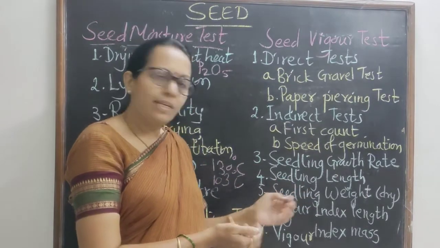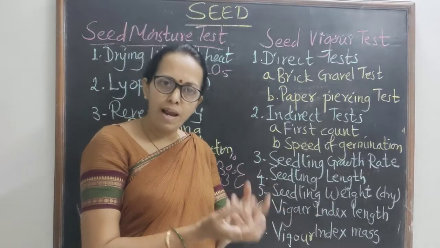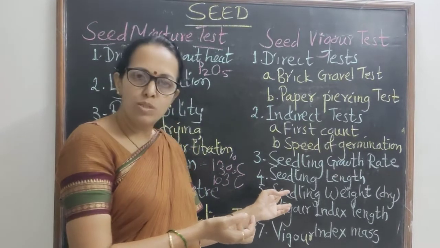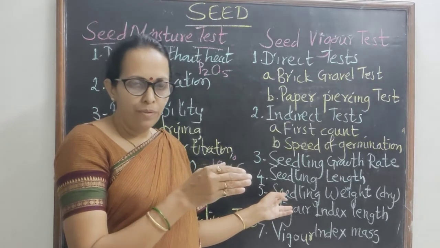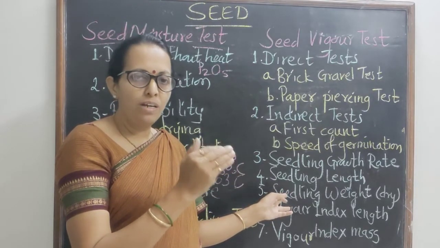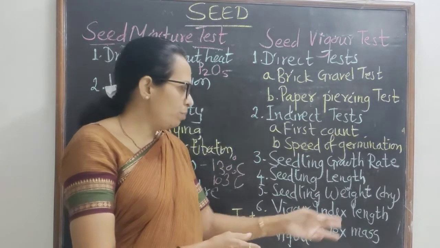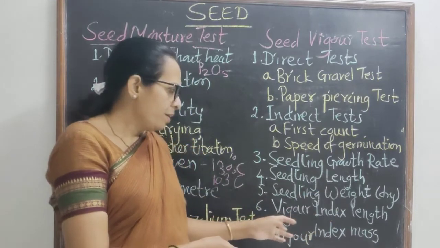Obviously the more vigorous seedling will have more dry weight. Here also we use the same method, that is, gradual oven drying until we get constant weight. That final weight of the seedling we take as the dry weight.